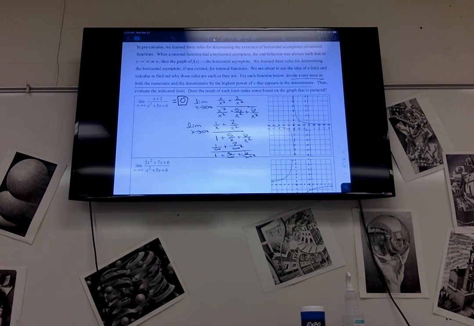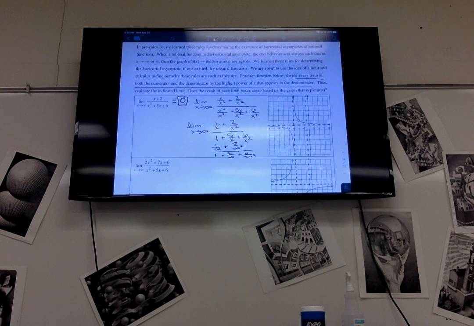Okay, so let's think about that. If you have a number and you divide it by an infinitely large number, think about it. If I take 1 and divide it by 10, you get 0.1.